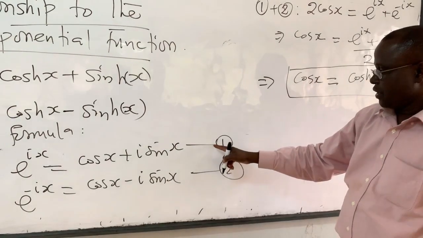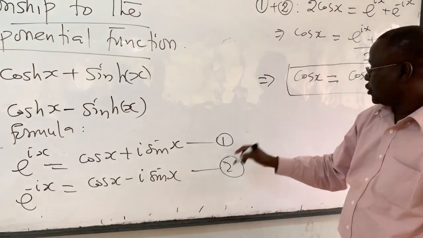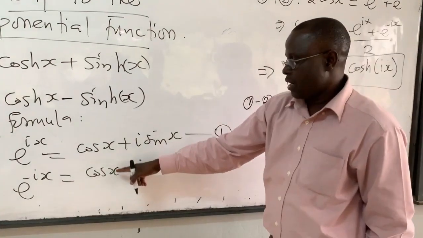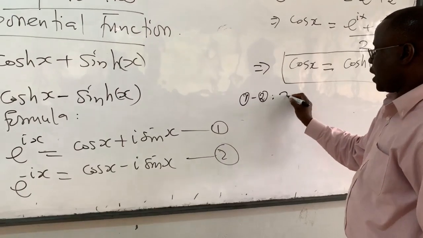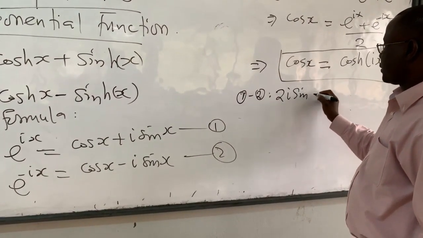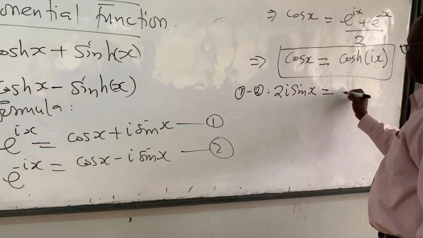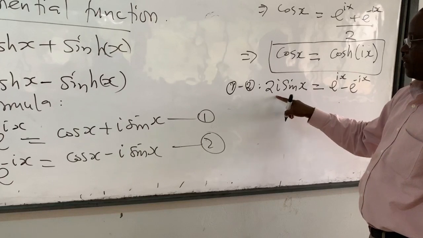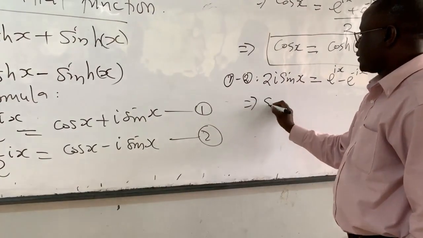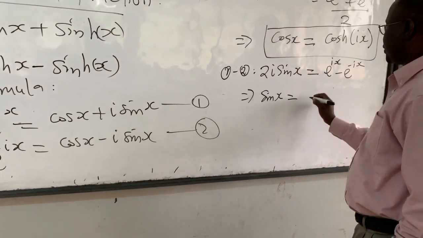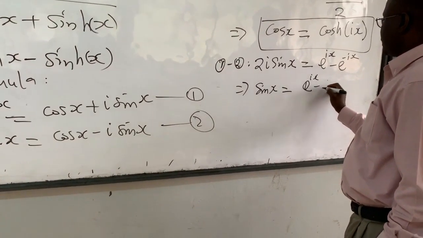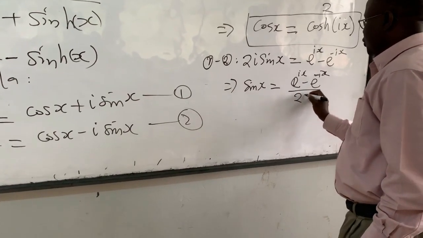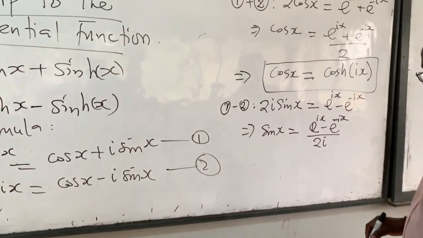Again, if I subtract, if I take equation 1 minus equation 2, what do I get? These guys cancel out. This and this will give me 2i sine x. And that is equal to e to the ix minus e to the minus ix. If I divide by 2i, I get sine x is equal to e to the ix minus e to the minus ix divided by 2i. Okay?